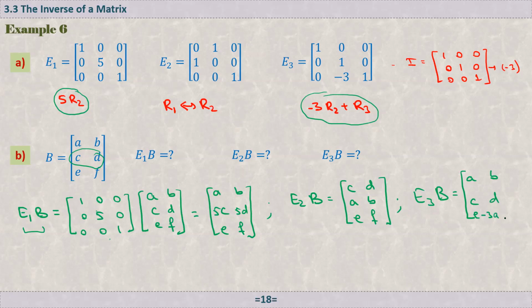And add to the third row, A. And I can actually write here in some space, B. Here we have A, B, and C, D. And how about here? Here we'll have F minus 3D. Okay, right? This is the effect of elementary matrices.